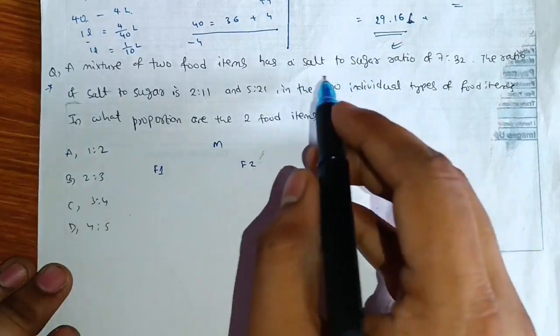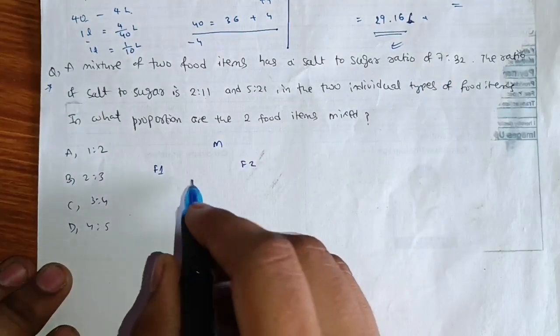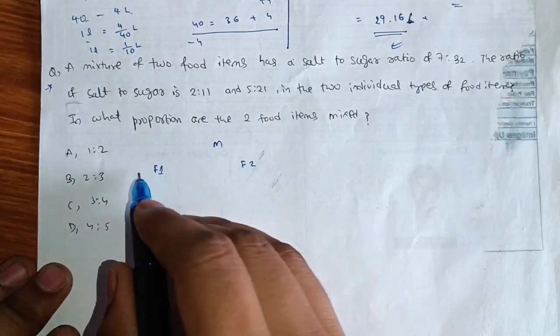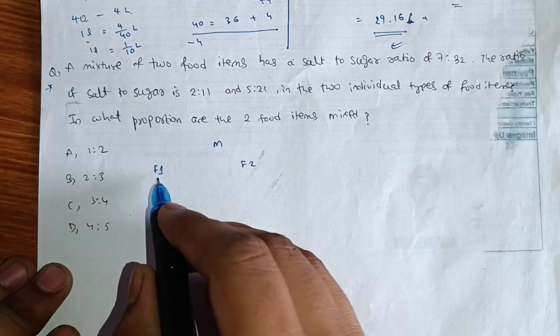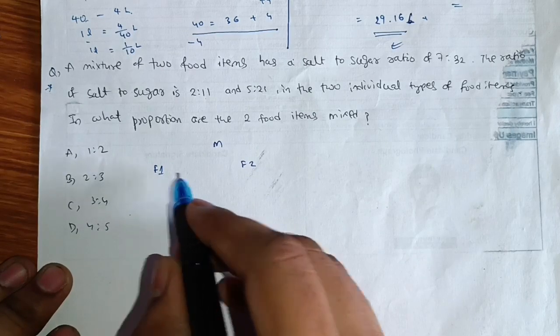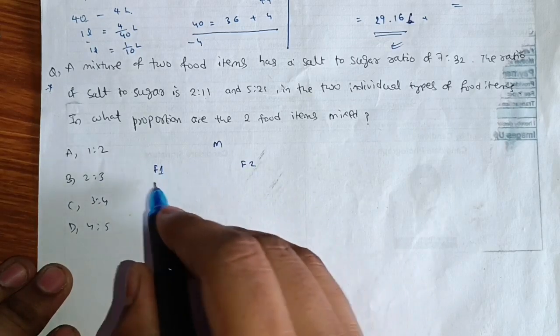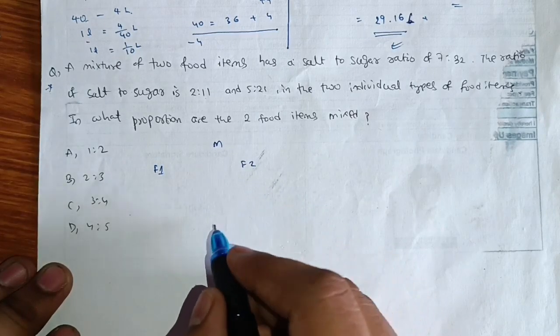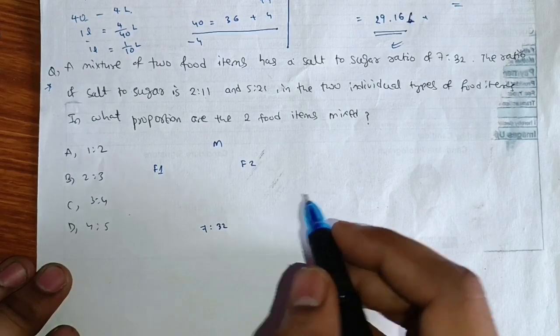In food 1 there is salt and sugar, and in food 2 there is also salt and sugar. After mixing both, the mixture has salt to sugar of 7:32.